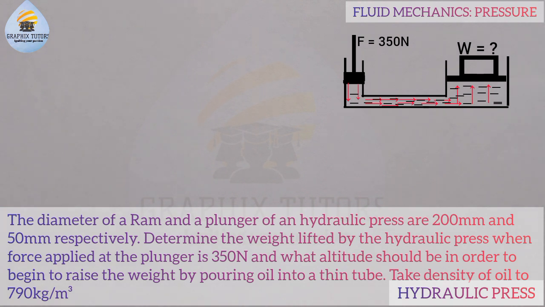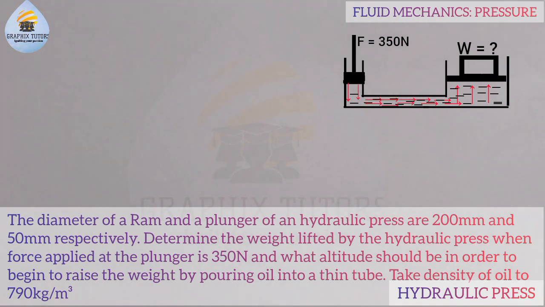Now, if you look at this hydraulic press here, this is the plunger and this is the ram. We're expected that when we apply a force at this plunger, the force we apply here, no matter how small, should be able to raise any load placed on the ram here.